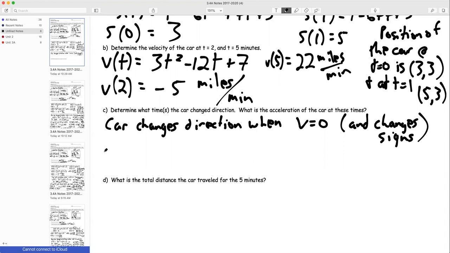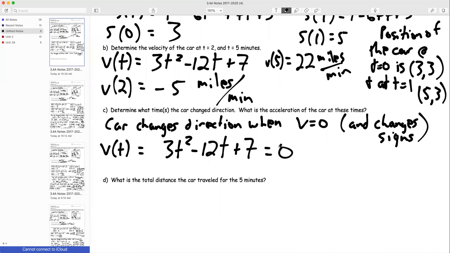And I'm going to take the velocity equation and set it equal to 0. So how about we graph it and find where it crosses the x-axis? Can we do that?